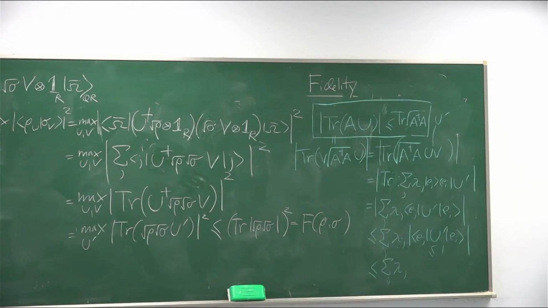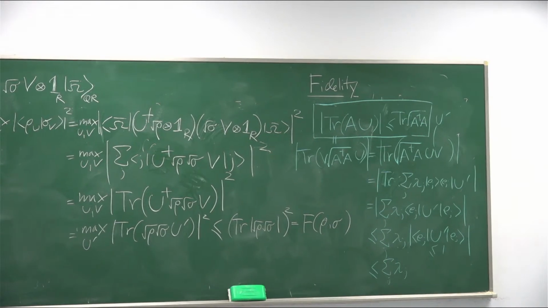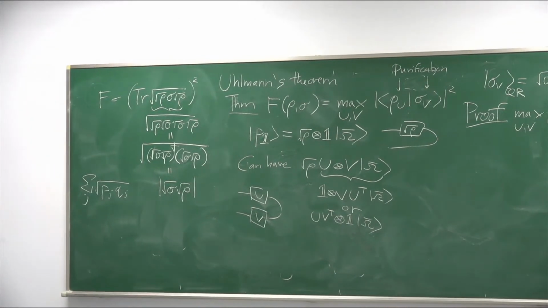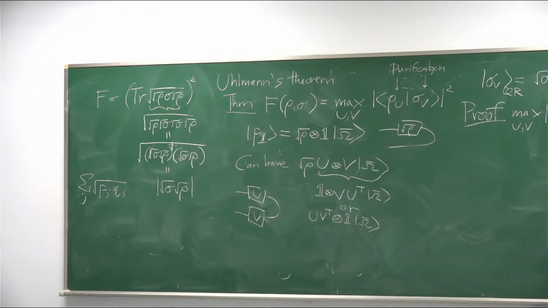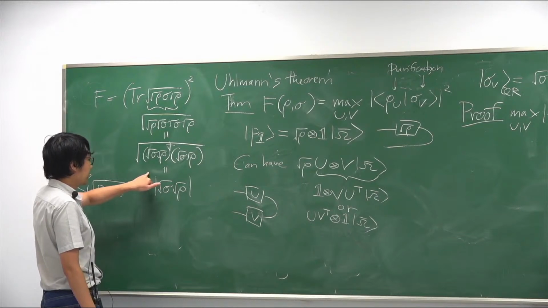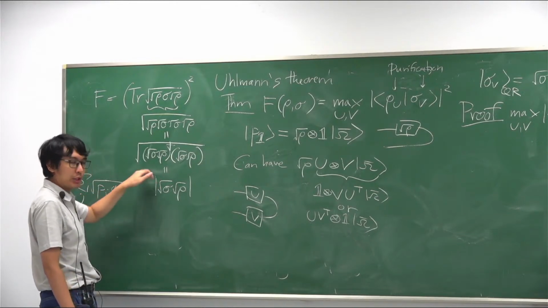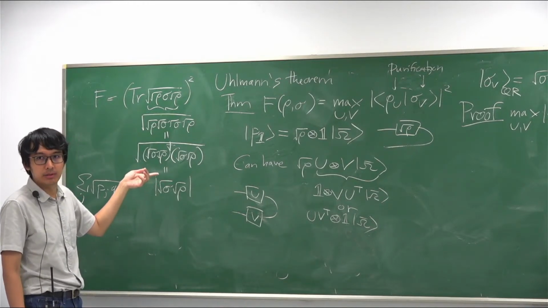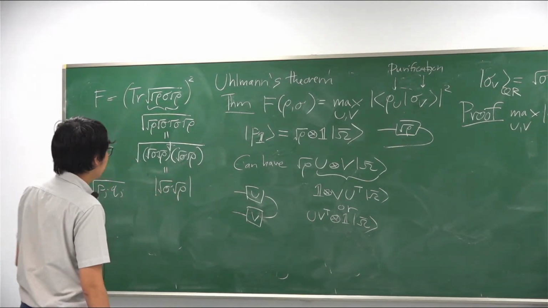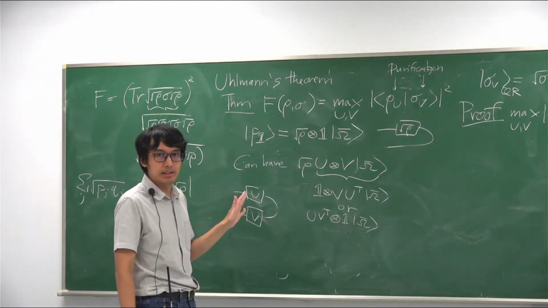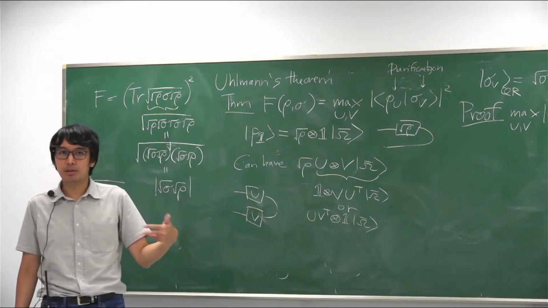No, I mean you have to switch rho and sigma over here, but yes, switching rho and sigma would just be the same as switching A and A dagger, which has the same singular values. Right. Okay, so you can see why the fidelity is symmetric between the two arguments as well.